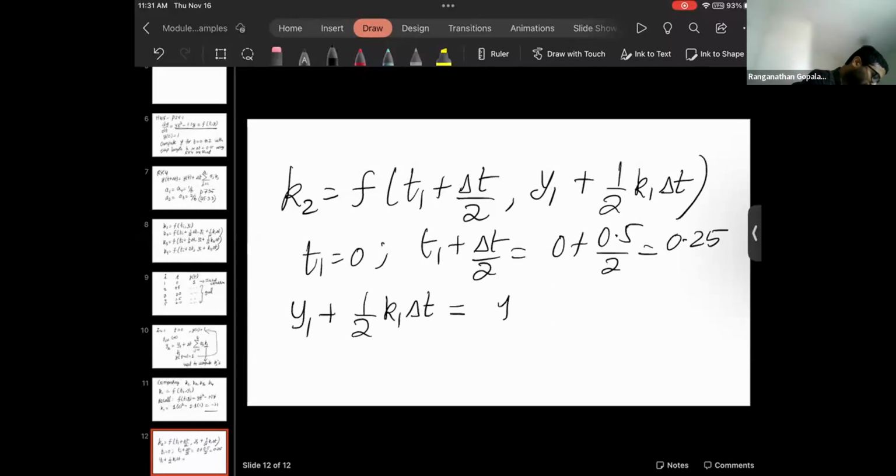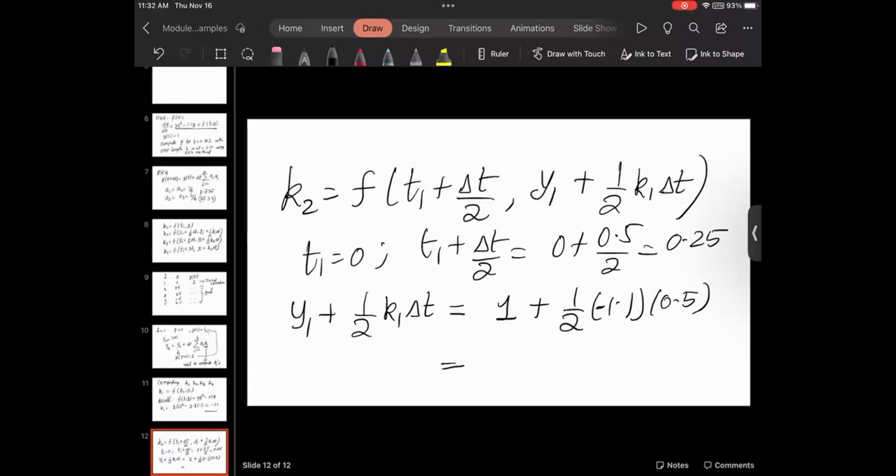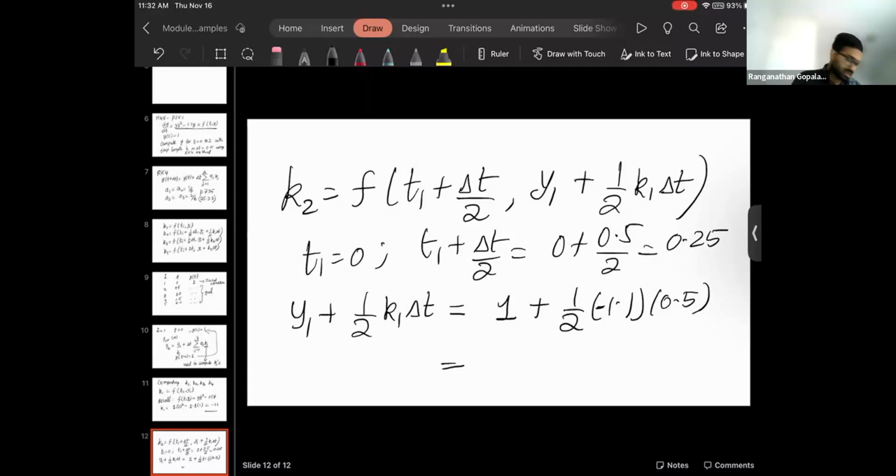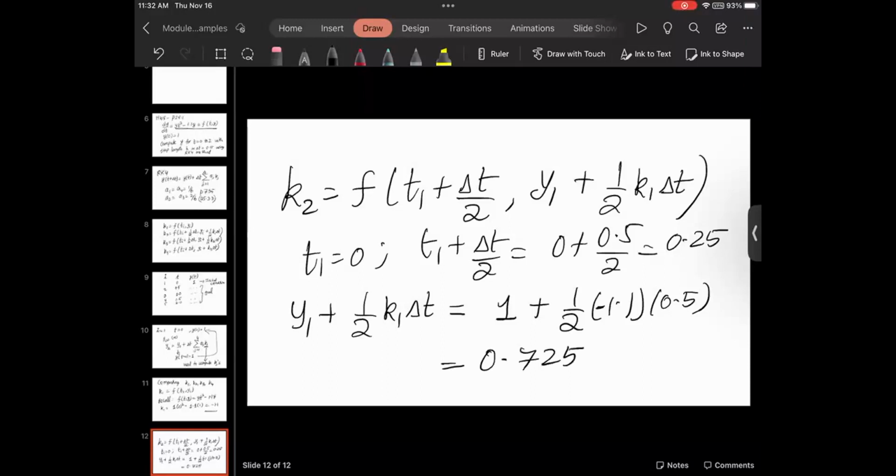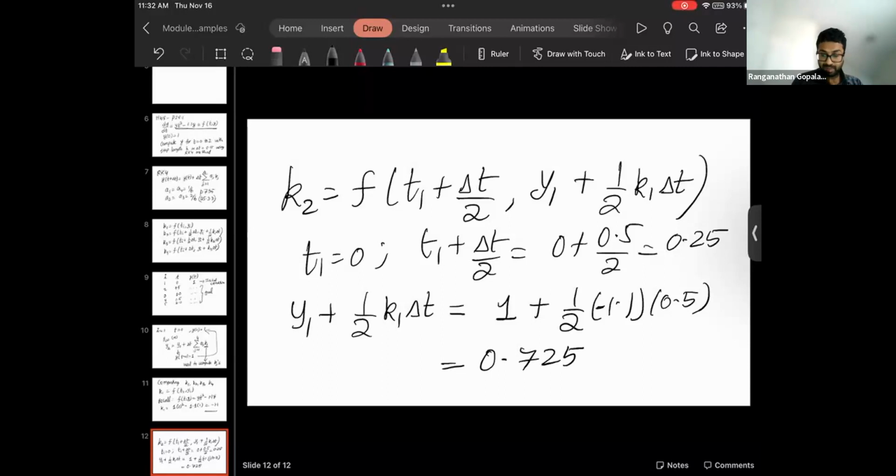What is y1? That is 1 minus half times 1.1, or I should write plus half times minus 1.1 times 0.5. What is this value? As I am also writing here, I'm going to punch this into my Excel sheet. Got 0.725. Say it again, please. 0.725. That's what I got for that. 0.725. Others, please confirm that for me.